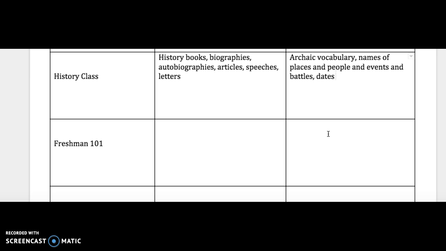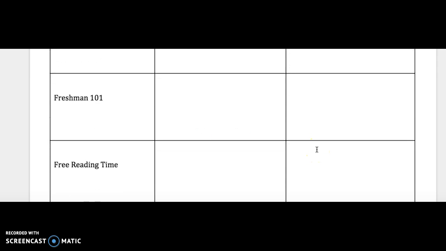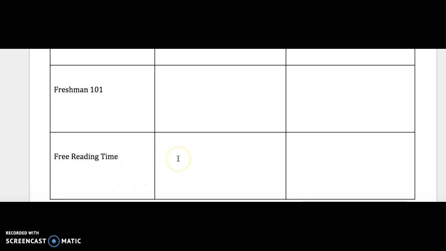So you put stuff in here for history class, for Freshman 101. What are the things you read in Freshman 101? Either texts or topics that you read about, and then why those things are hard. And then in your free reading time, what do you read in your free reading time? Maybe you read short stories, or even social media type stuff.